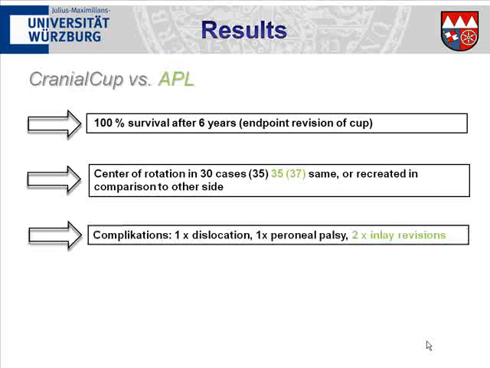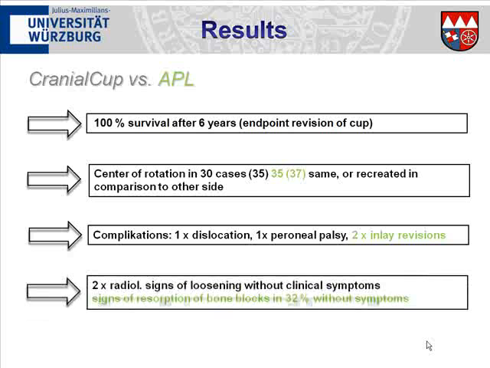Complications were not so many in these groups, and we had 2 radiological signs for loosening without clinical symptoms in the cranial cup system, and we had signs of resorption of the bone blocks in 30% of the patients in the acetabuloplasty group without any problems, without any symptoms.